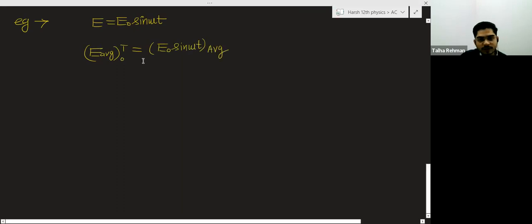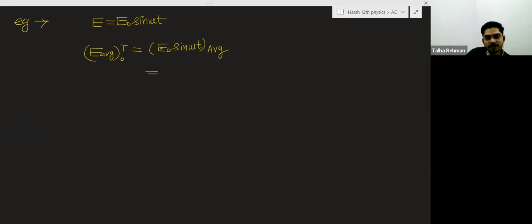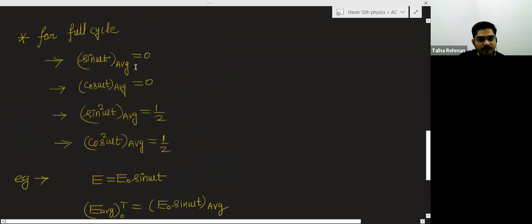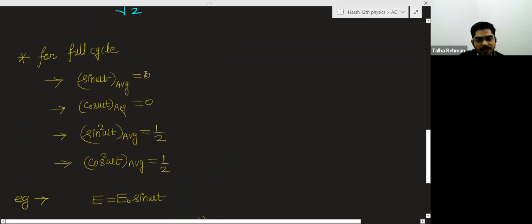Now this E naught is the constant term, and if you take the average of the constant, it will be a constant. So basically, we have the average value of sine omega t for full cycle. And what is the average value of sine omega t for full cycle? See here, it is equal to 0.